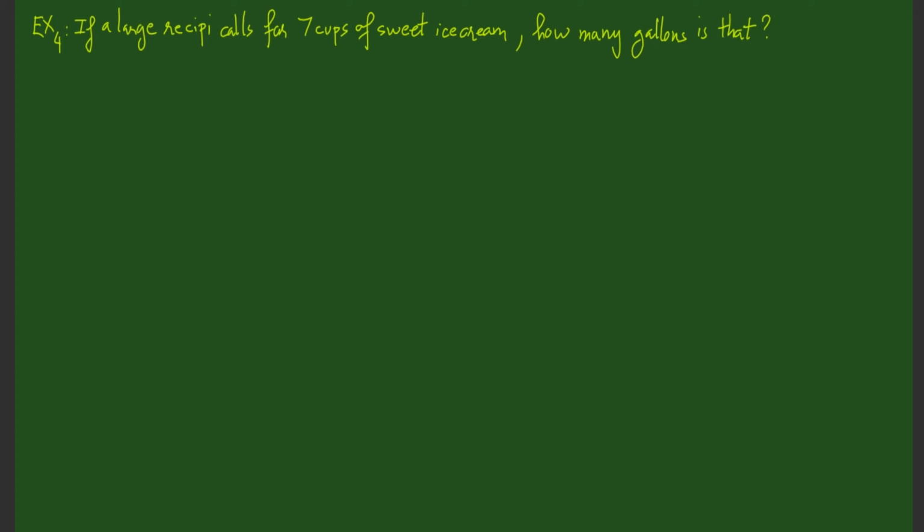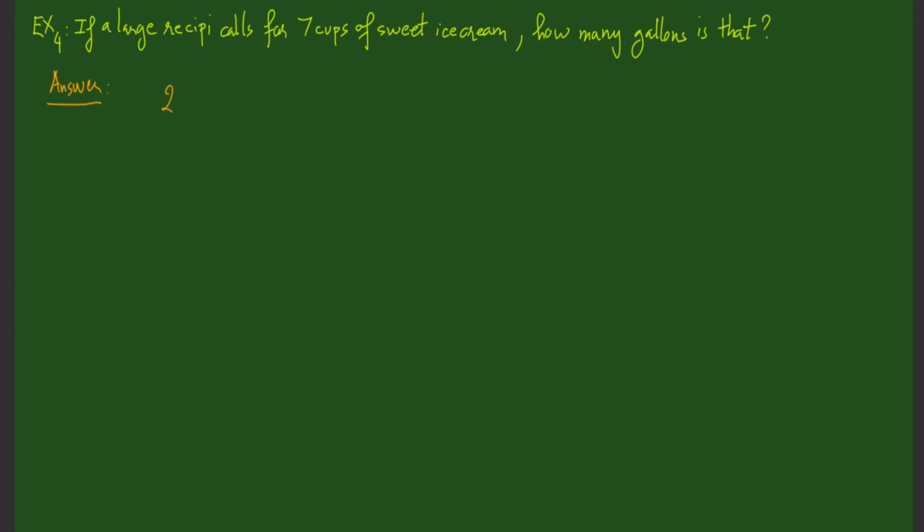So we need to convert 7 cups into gallons. We need to know the relation. Most of the time they give it to you, but sometimes they don't, and you must memorize it.